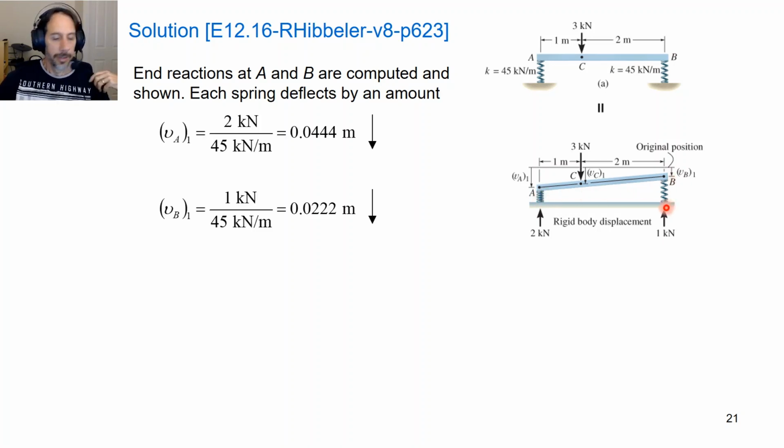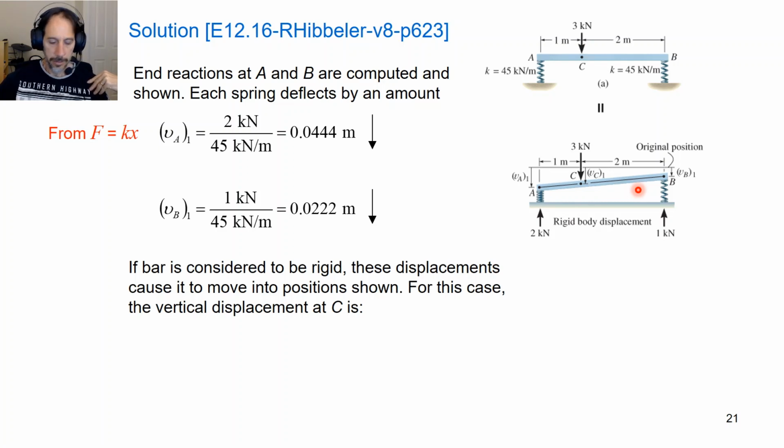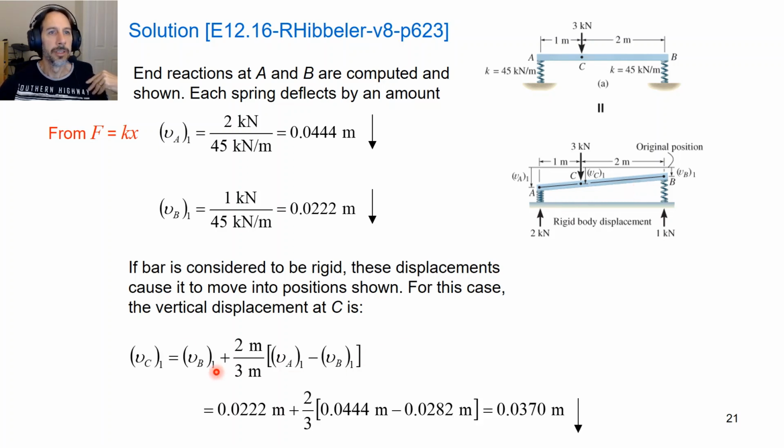Okay, so from F equals Kx we can get those deflections, and once we have those we can determine this deflection here. Okay, because this is a straight line, we can simply, for now, use the ratio of these lengths here to get the deflection at point C. Right, so if we do that, this is what we get.